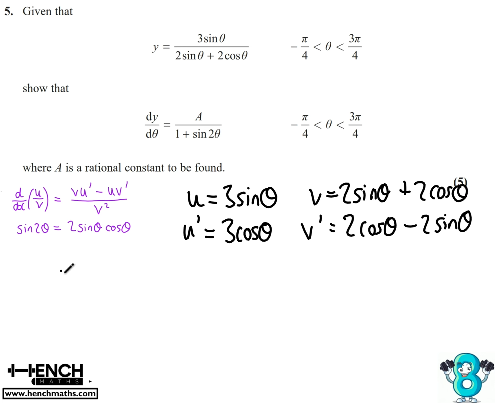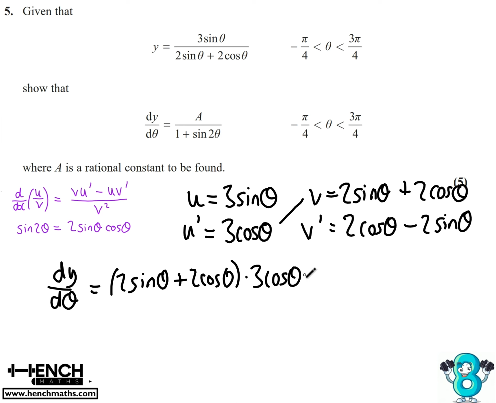So dy by d theta is going to be equal to v multiplied by u dash, so those two, so open bracket 2 sine theta plus 2 cos theta, multiplied by 3 cos theta. Subtract u v dash, so those two times together, all divided by v squared.